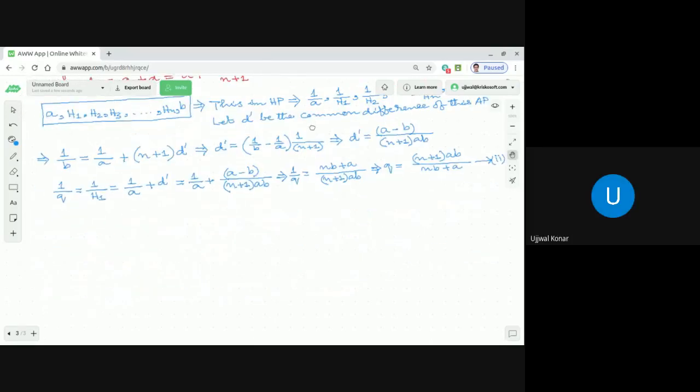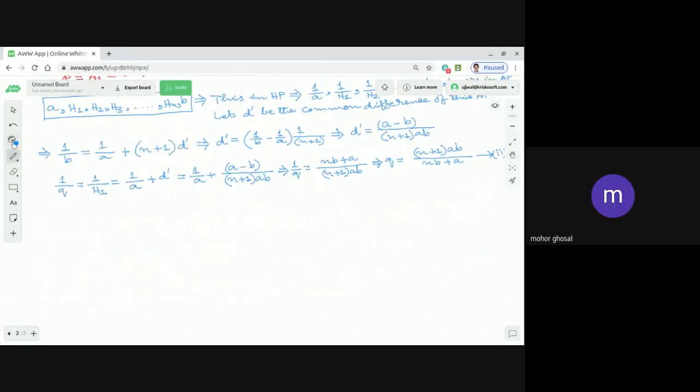So from here, let me use a different color. As n is greater than 1, this implies n plus 1 is definitely greater than n minus 1.